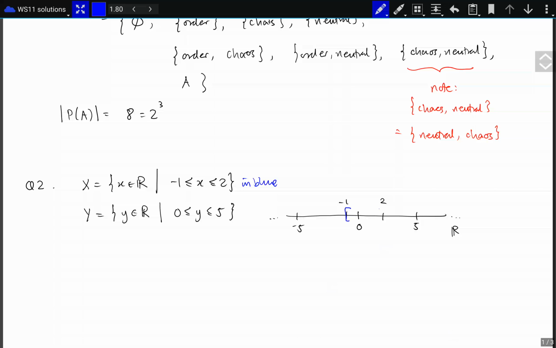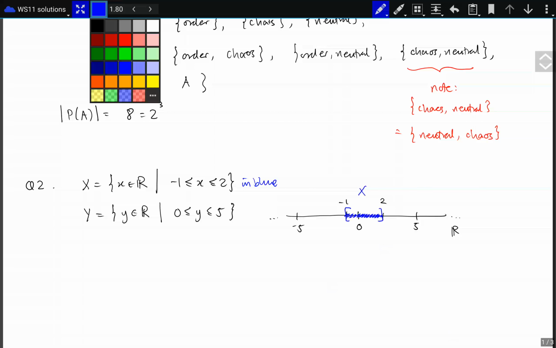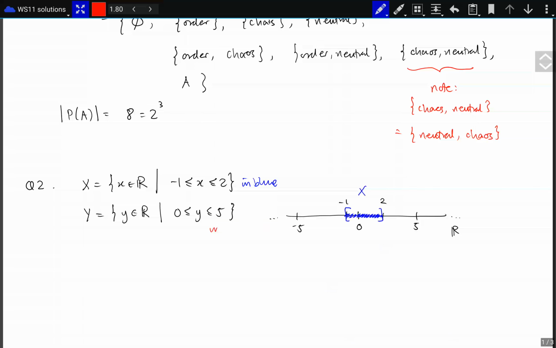It's everything in here. And y, let's say it's in red, is everything between 0 and 5. And know that it's not just the numbers 0, 1, 2, 3, 4, 5 for y, it's everything in between. Lots of numbers, uncountably many.